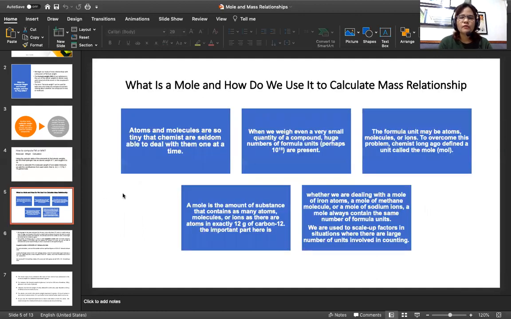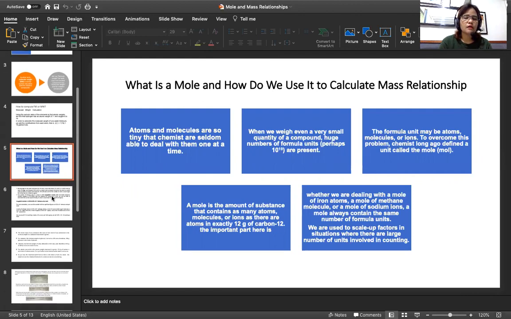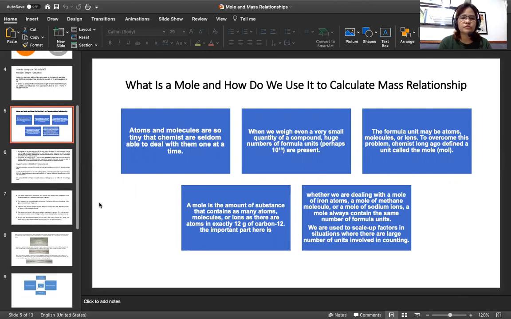Now, what is a mole and how do we use it to calculate mass relationship? Previously, we have encountered the word grams. It was defined to you that when you say grams, this is the amount of matter that an object contains. When you talk about atoms and molecules, both of them are so tiny.